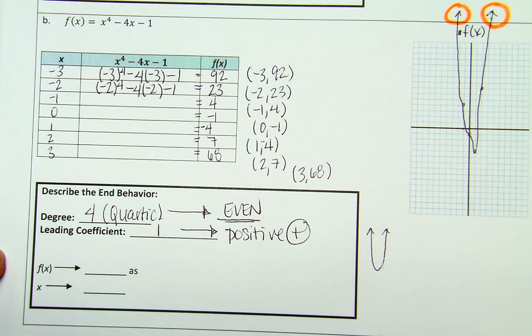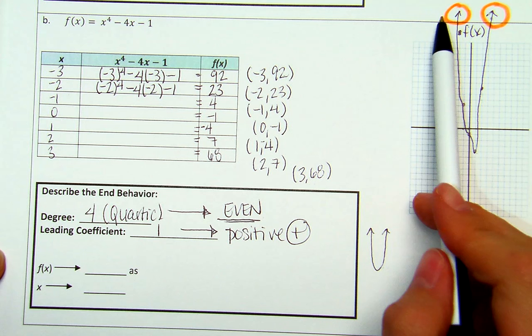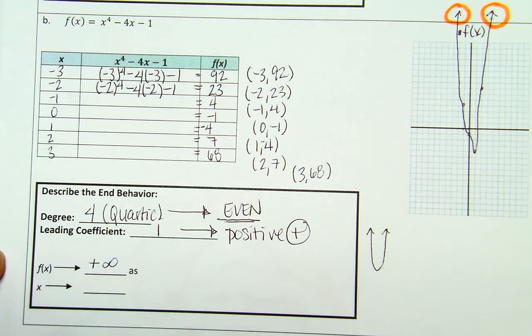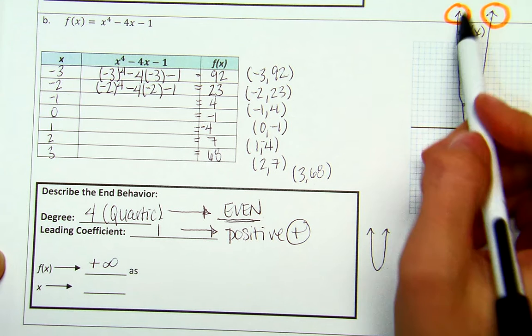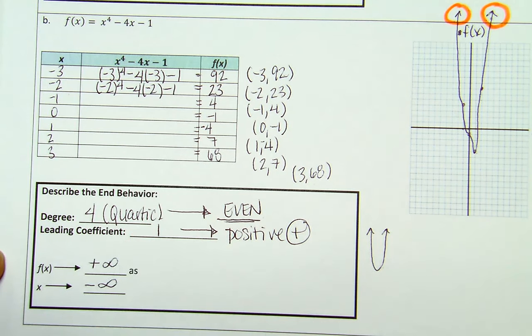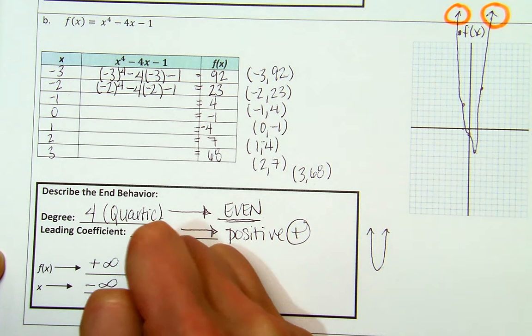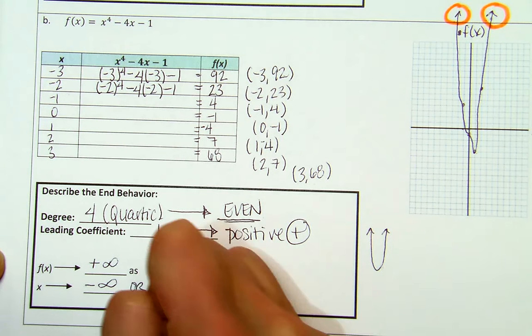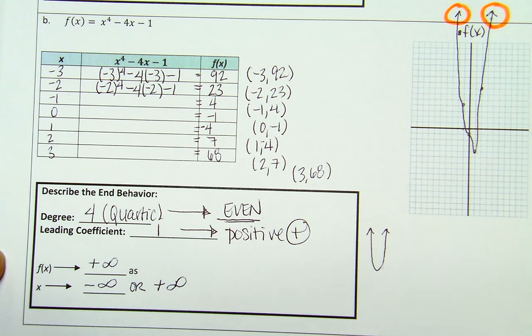So right off the bat, I know that because both of my arrows are pointing upward, I only have one option for f of x, right? Because both arrows are pointing in the positive direction, f of x can only continue to grow in the positive infinity direction. But I have two values for x. My first arrow is in my negative x region, and I also have an arrow that is in my positive x region.